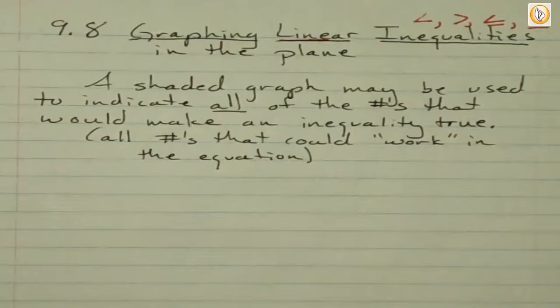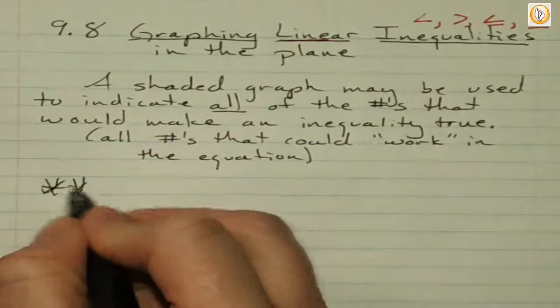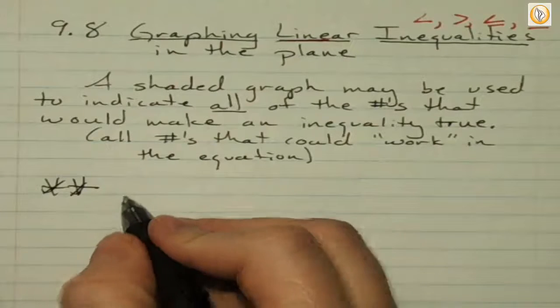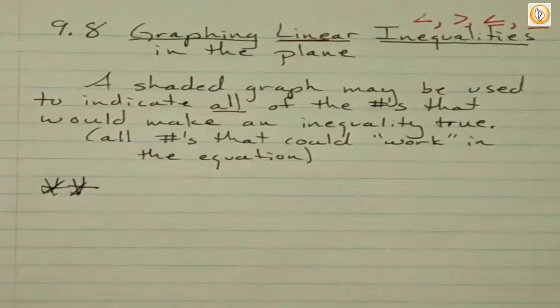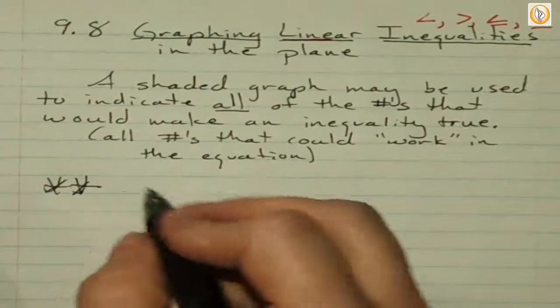There's a couple little tidbits that you need to have memorized. That's right, memorized. The first one, when we draw these lines here, in an inequality, they're either going to be a solid line, just like you see here, or they're going to be dashed. Your line that you're graphing is either going to be dashed or solid.